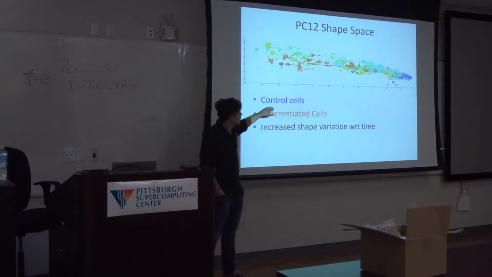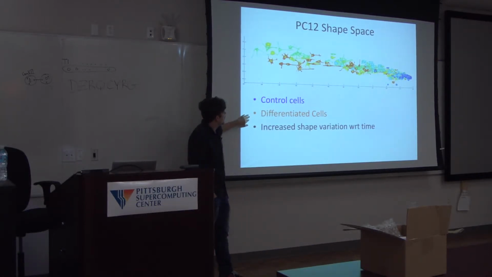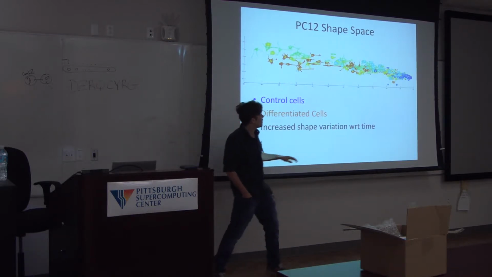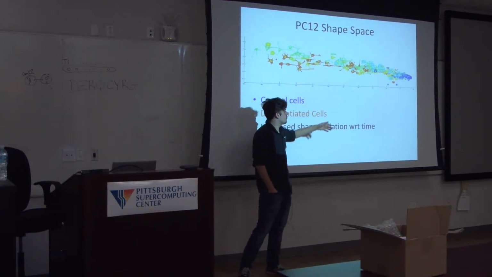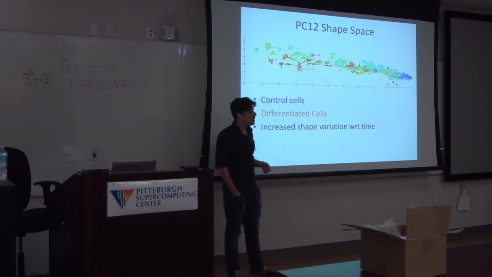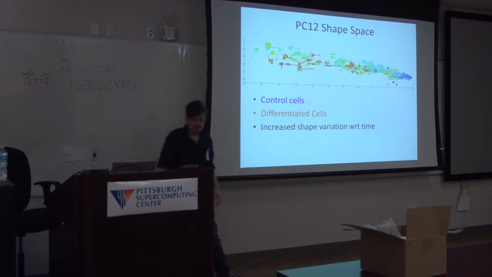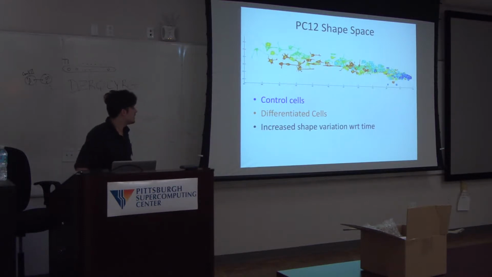The blue cells are control, so undifferentiated. The orange cells, moving to warmer colors, are differentiated cells. We can see that the population moves from, of course, smaller, rounder, undifferentiated neurons to very large eccentric cell shapes. And of course, you can see an increased shape variation with time.